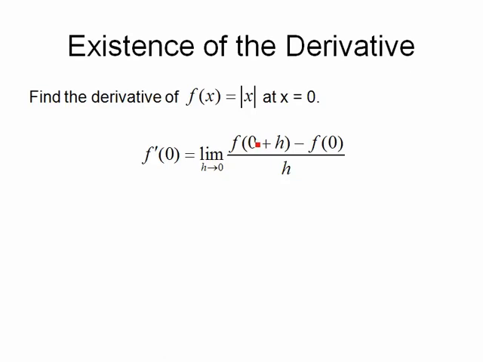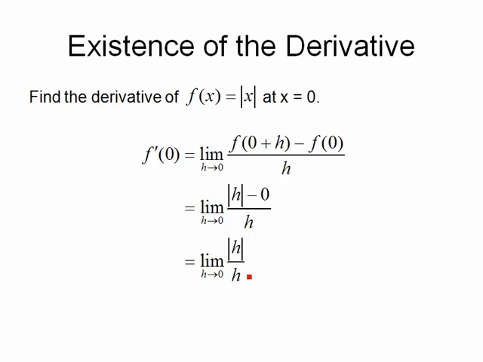So I need to put 0 plus h into the absolute value and 0 into the absolute value and subtract it. When I put 0 plus h in place of x, I get the absolute value of h. F of 0 is 0, so on the top of my definition here I have the absolute value of h minus 0, all divided by h, which is really just the limit as h approaches 0, absolute value of h over h.